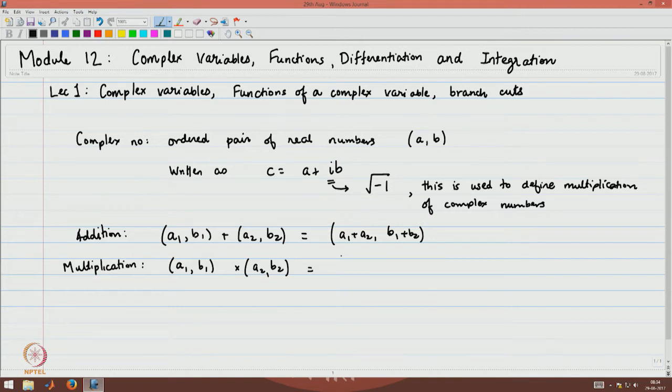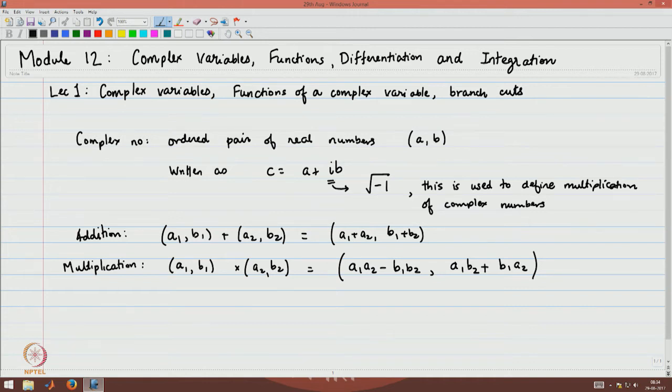Now this works out to the following: (A1 A2 minus B1 B2, A1 B2 plus B1 A2). So this is the definition of the multiplication, and you can verify this using this form of complex numbers. Okay. So these are the basic rules, and with this you can do everything that is involved in complex numbers.